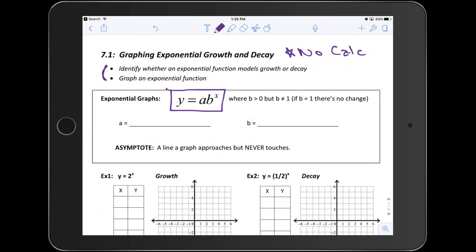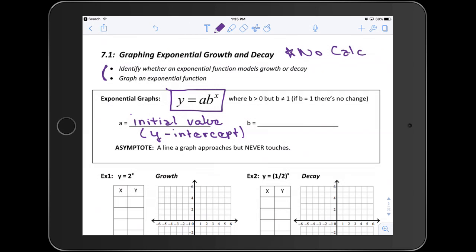Let me write the A value down. It was the initial value, and graphing-wise, it ends up being your y-intercept. I think that's important to note. So the initial value, whether that's the principal value in an investment or the initial value when you buy a vehicle, that's the initial value.